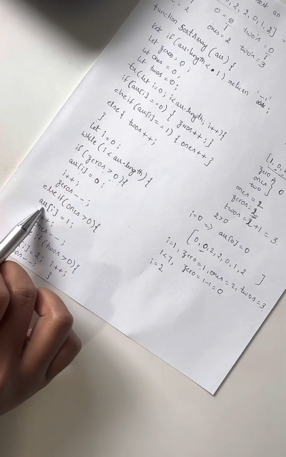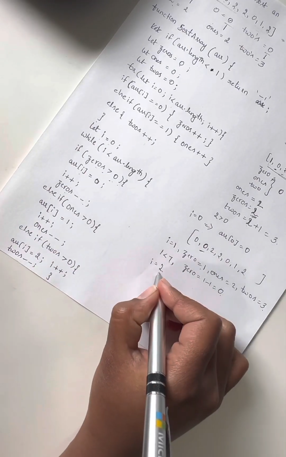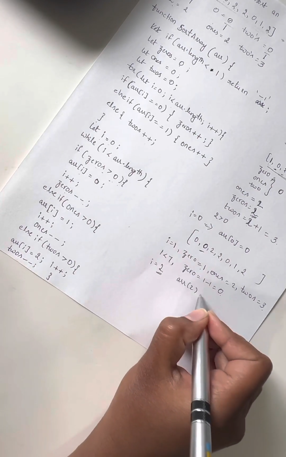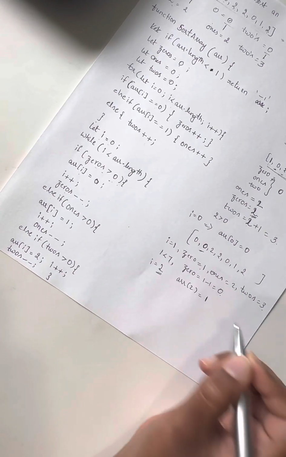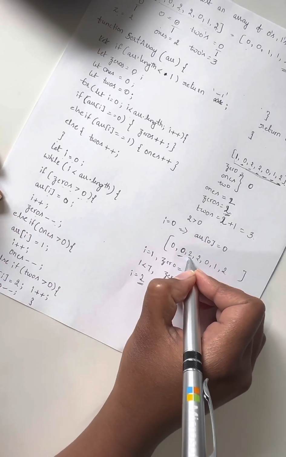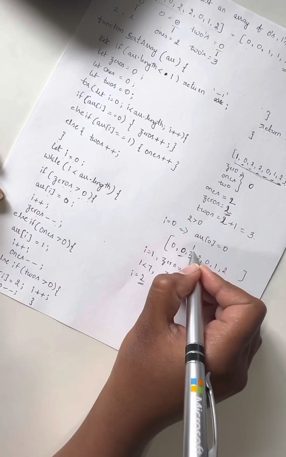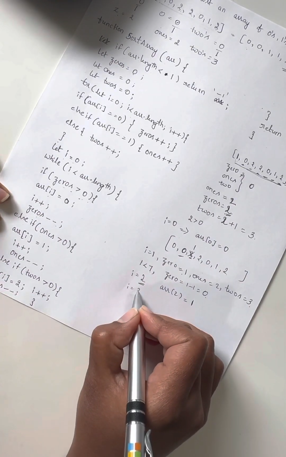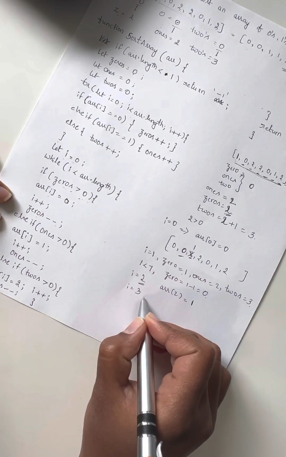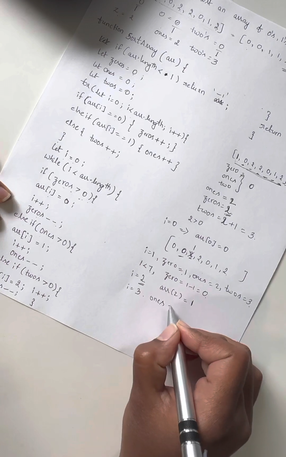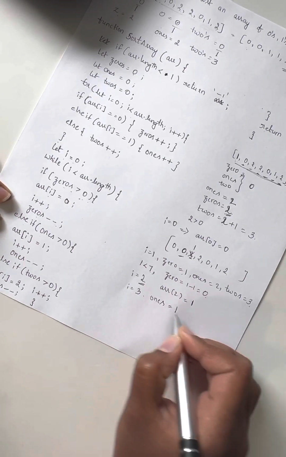So it will change array of i, which is array of 2 here, to 1, which means this 2 here becomes 1. Now i is incremented, i becomes 3, and 1s is decremented, so 1s becomes 1.